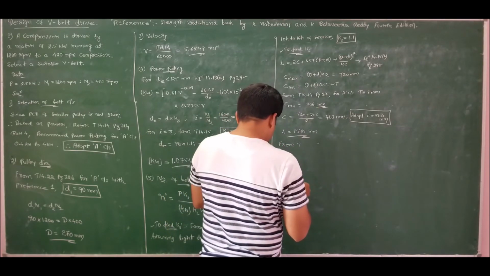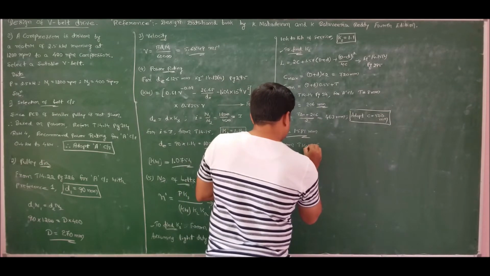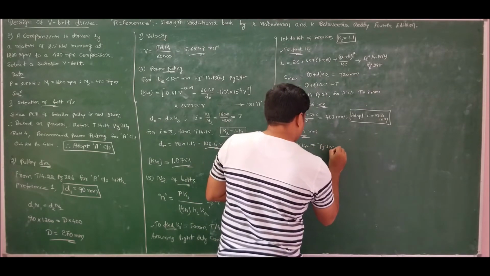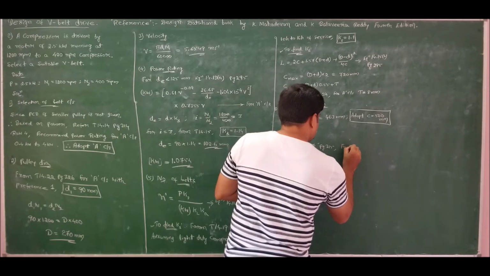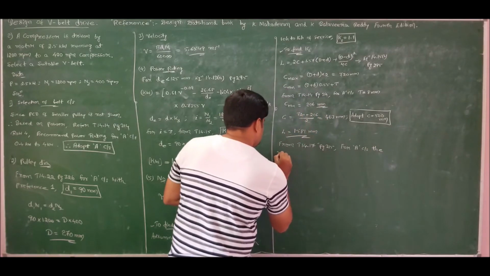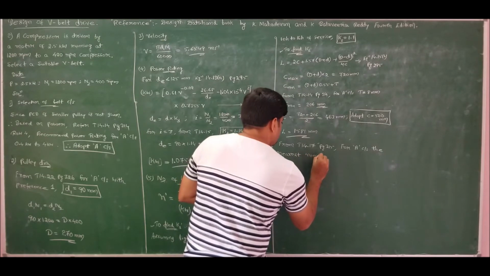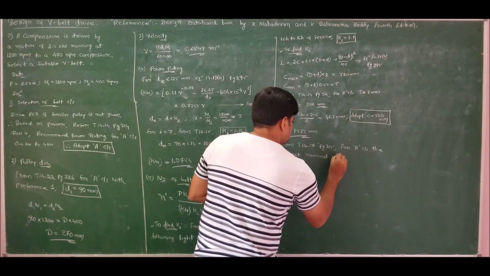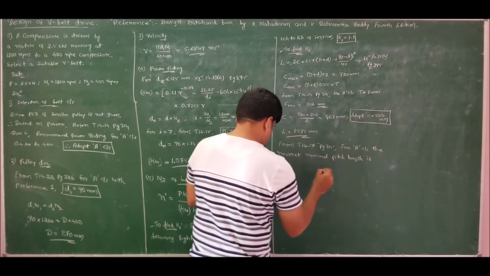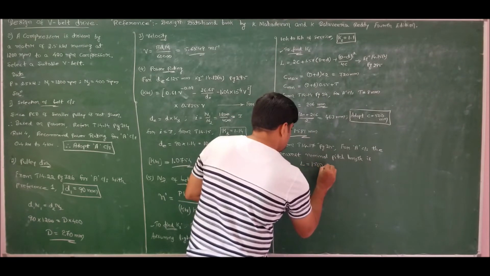So now referring to the table, if I standardize the length, we have from table 14.17, very important, referring to page 315, for A cross section, the nearest nominal pitch length L is equal to 1560 millimeters.